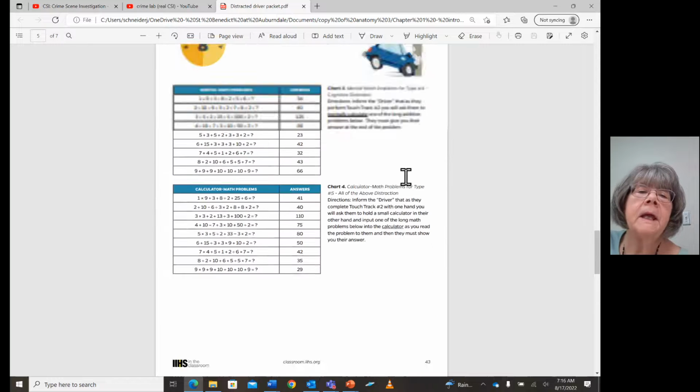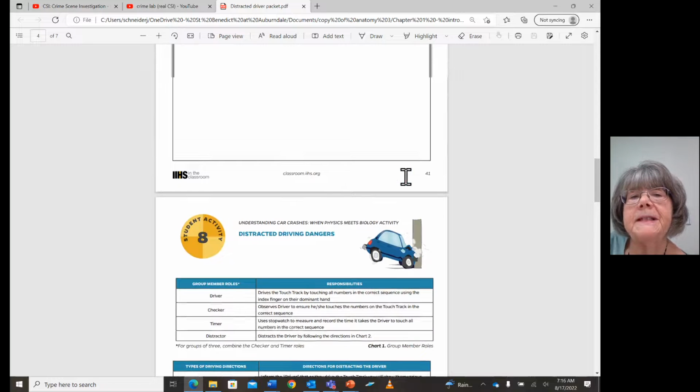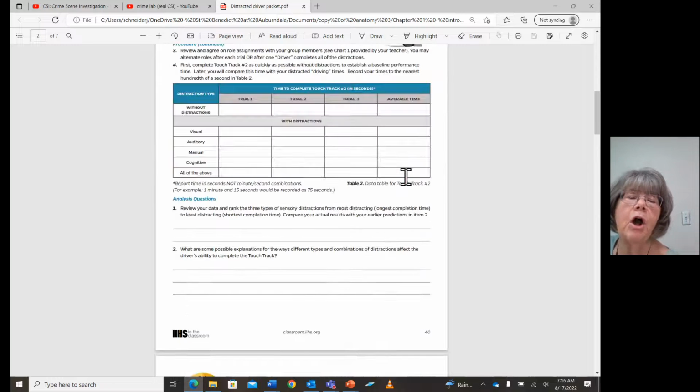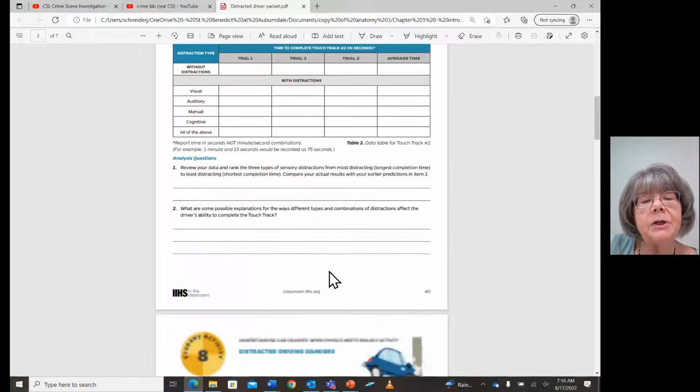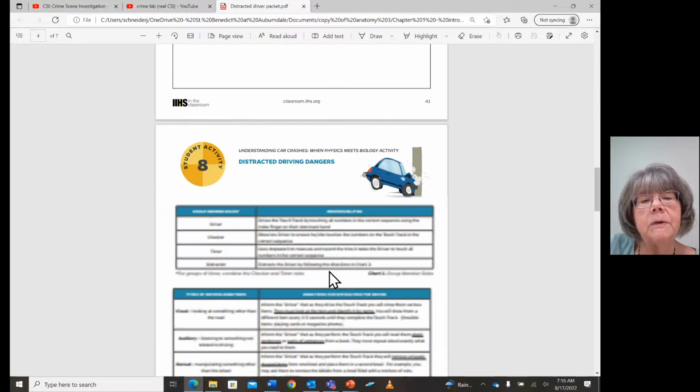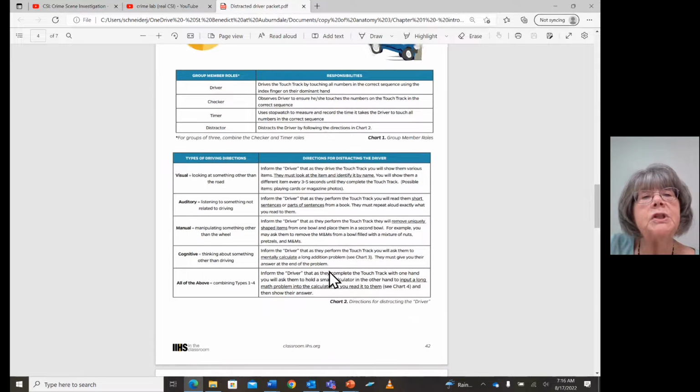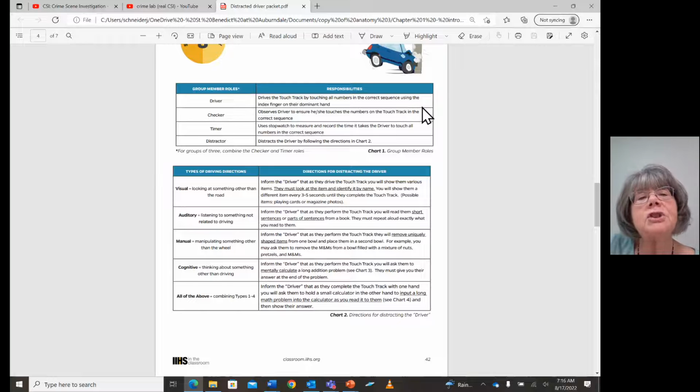Now, this gets a little bit harder since you're at home, but you've got to get a parent or a sibling or a friend to help you with this. You're always going to be the driver, and then you have to have a distractor. If you look at this sheet, page 42, it has everybody's job.